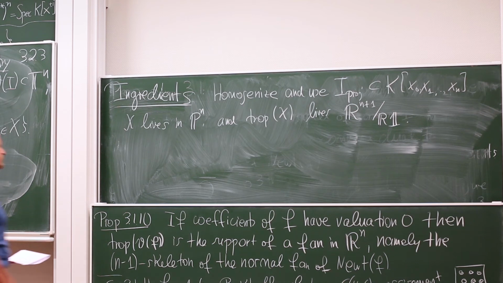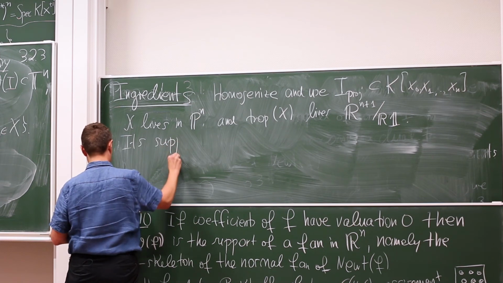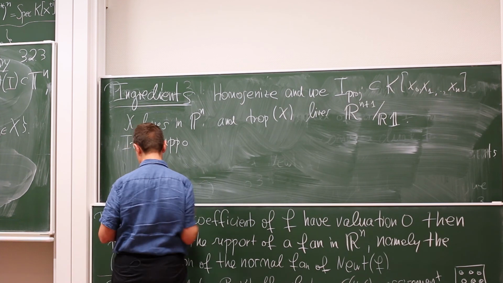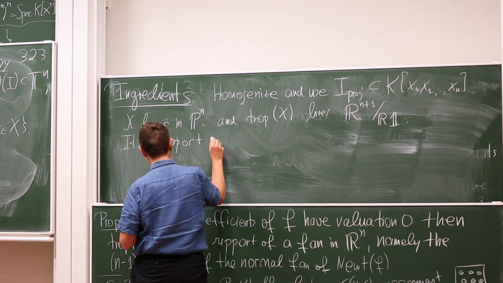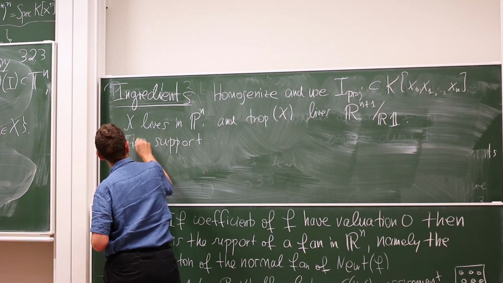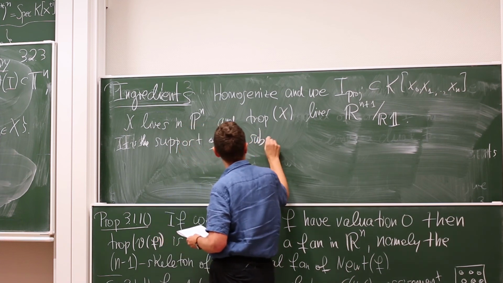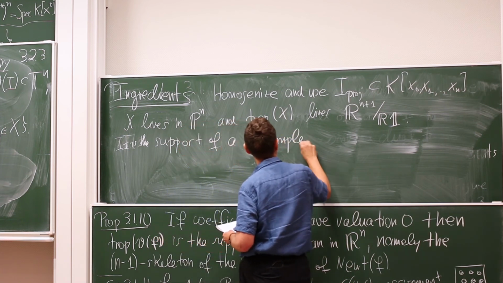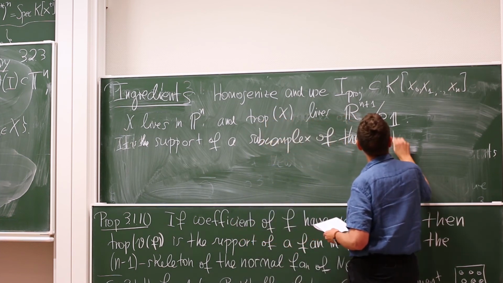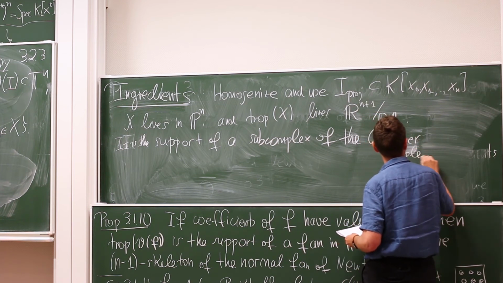Now, its support, the tropical variety, by construction, is the support of a subcomplex of the Grobner complex of this homogeneous ideal.